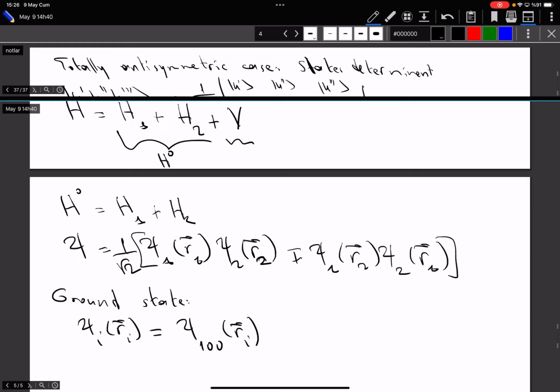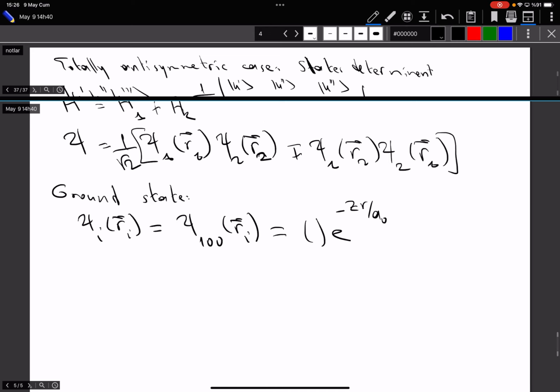In fact, their explicit form is some coefficient times e to the power minus Zr over a0, a0 being the Bohr radius. This is the only dependence they have. So psi_g, let's say g for the ground state, will be psi 1, 0, 0 of R1, psi 1, 0, 0 of R2.